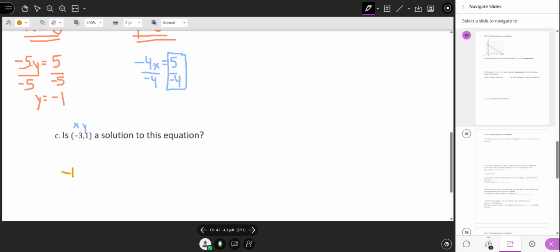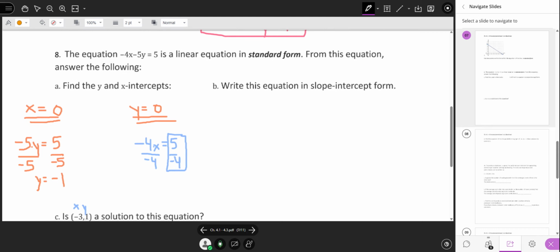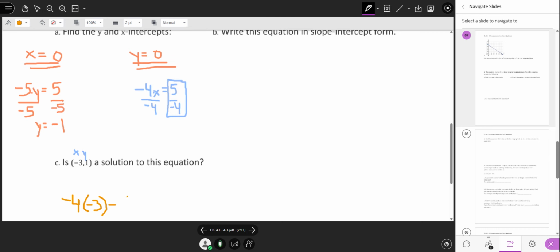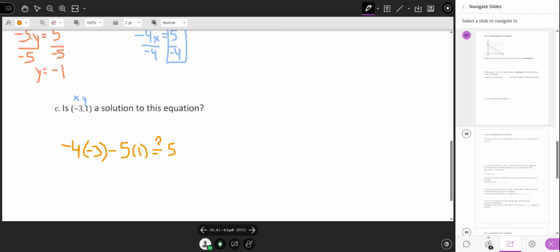So negative 4 times negative 3 minus 5 times 1. And does that equal 5? Well, negative times negative, and so on.